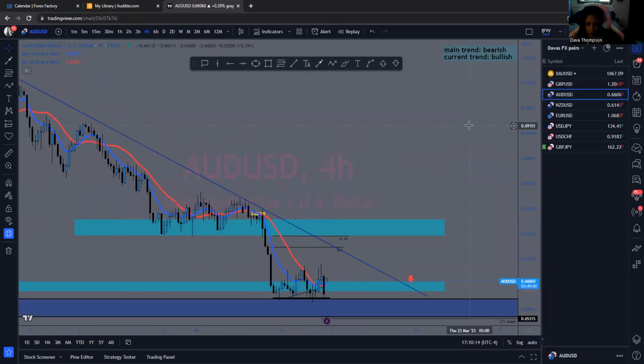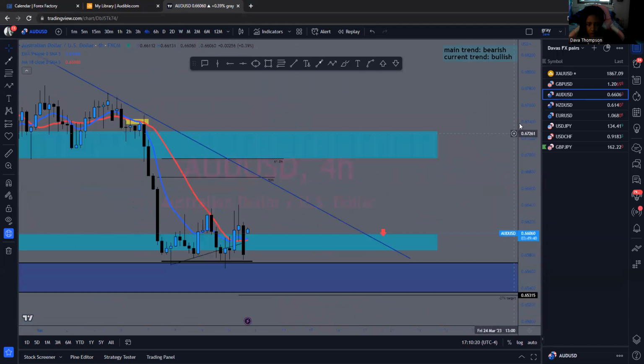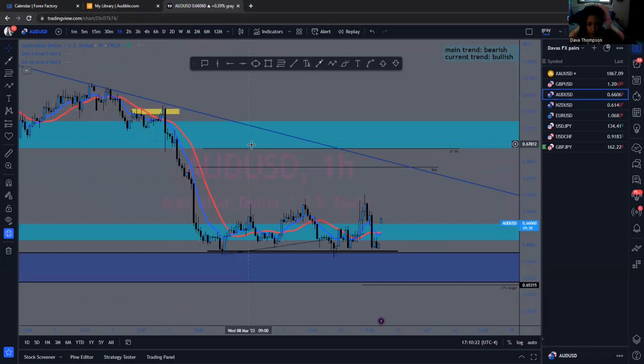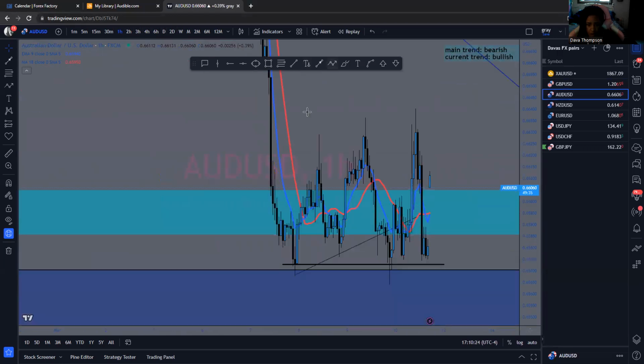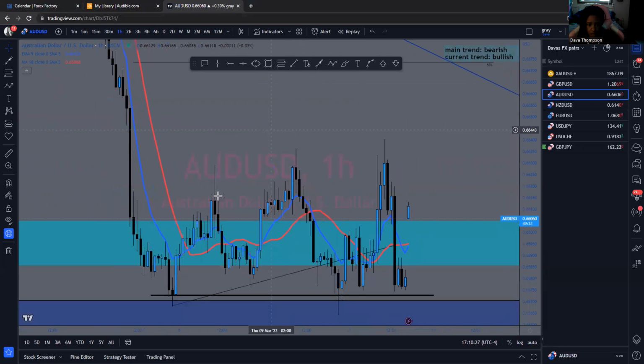So I'm just going to wait for my signal. I believe I have the same bias for AU. Last week we tested this level and I was able to get some really nice buys off of AU. My signal was that we had this initial break of resistance right here, and then the EMAs turned blue.